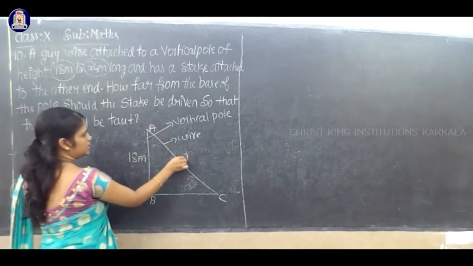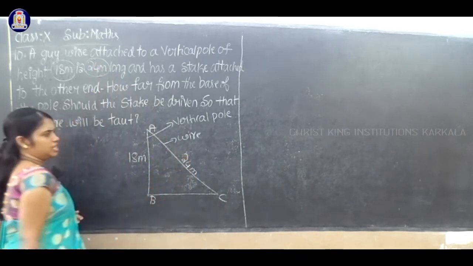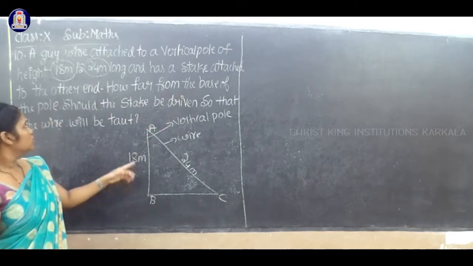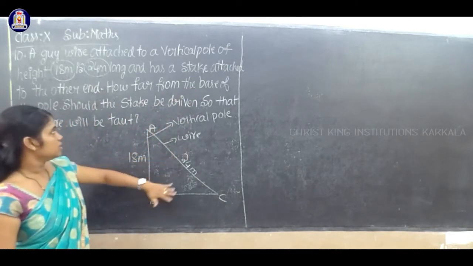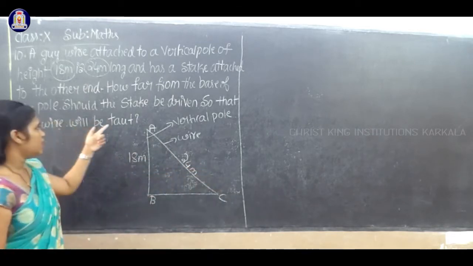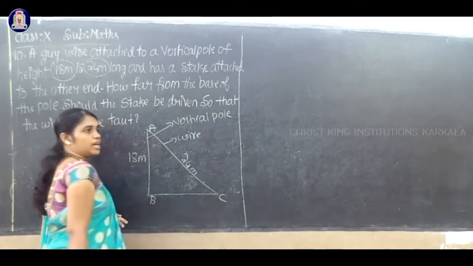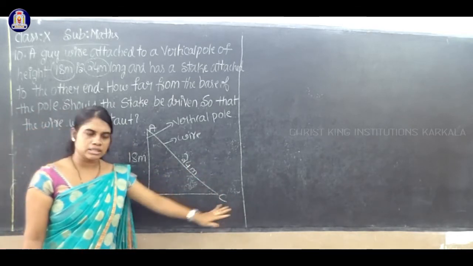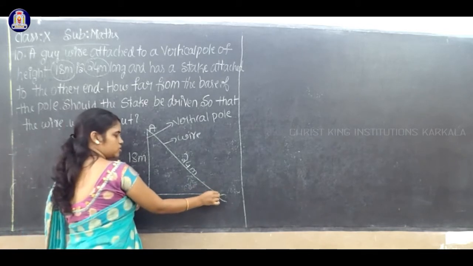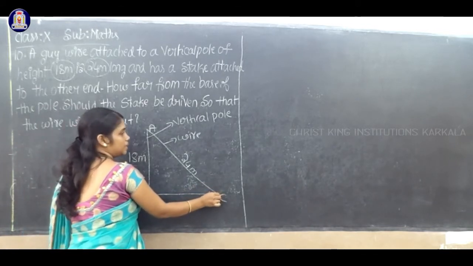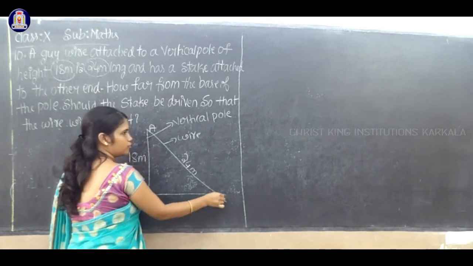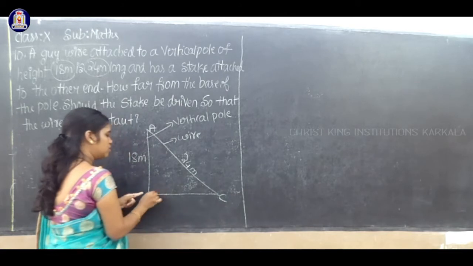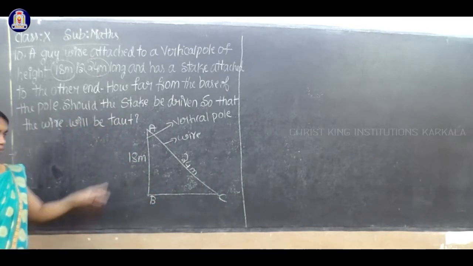Length of the wire is about 24 meter given. How far from the base of the pole should the stick be driven so that the wire will be taut? Means this wire is tied tightly. So how far means what is the distance of this BC? BC length you have to find. The length of BC will give the distance between the wire and the base of the pole.